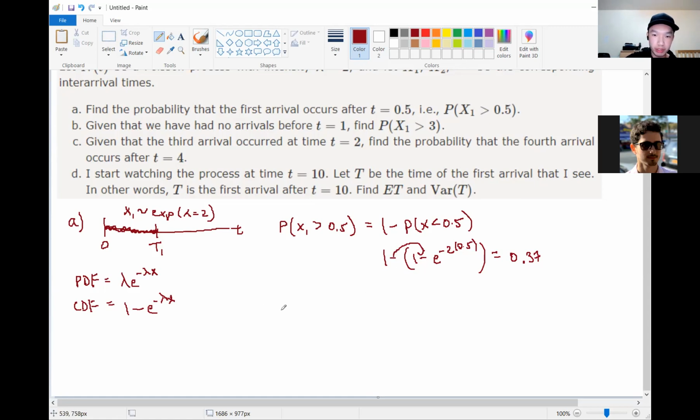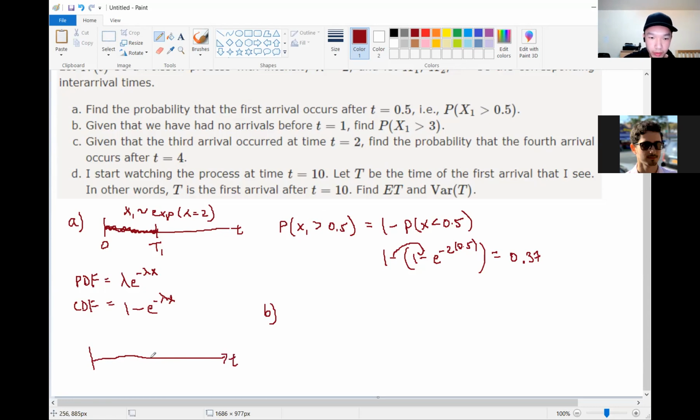Let's try part B. Given that we had no arrivals before t equals 1, find the probability that x sub 1 is greater than 3. Okay, so let's unpack this sentence. Let me draw the number line.